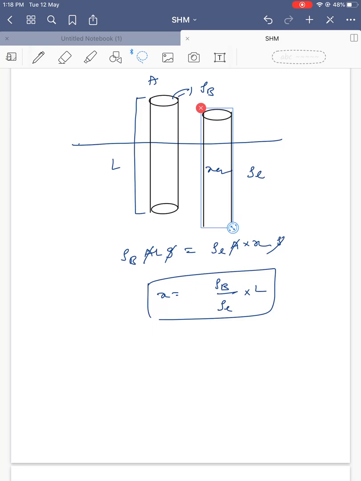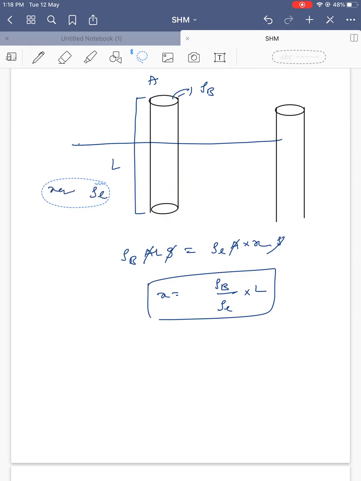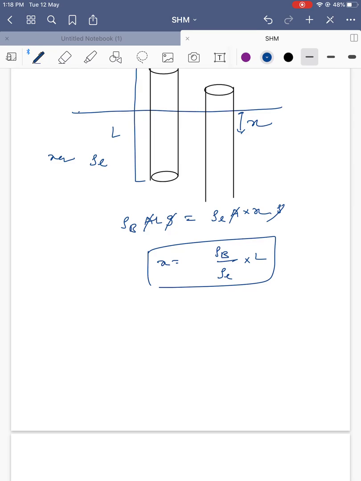Now I am compressing it a little bit. After compressing, which force will be unbalanced? Say I displaced it by x amount. Let's write the net force. What are the forces acting?